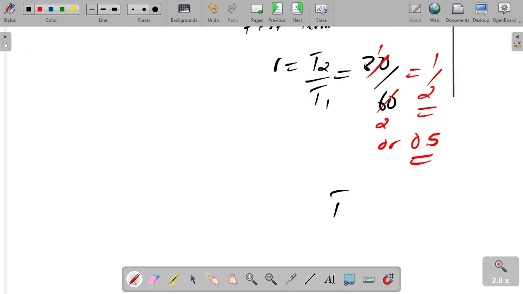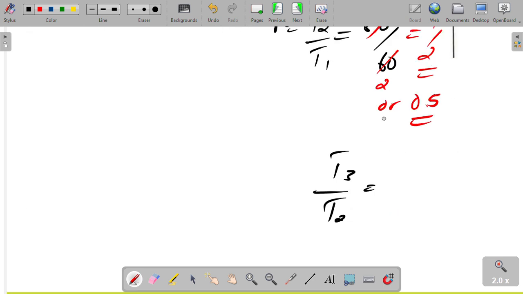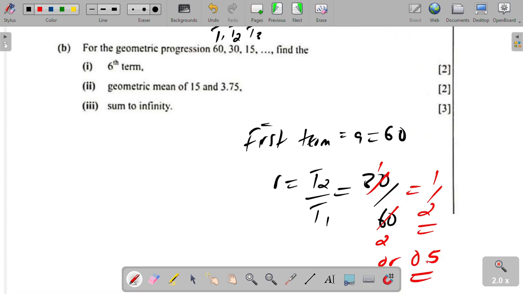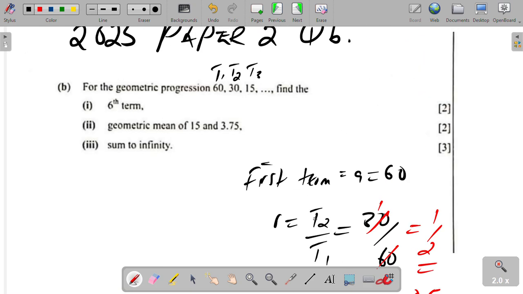So T3 over T2. What's our T3? Our T3 is 15. We're just confirming if the common ratio is correct. Our T2 is 30. Okay, so we can reduce this to 1 over 2. So our common ratio is correct.